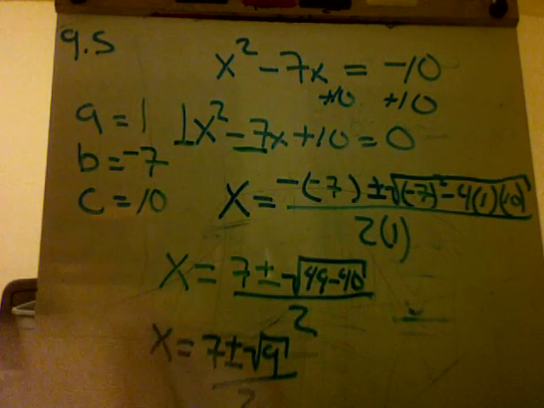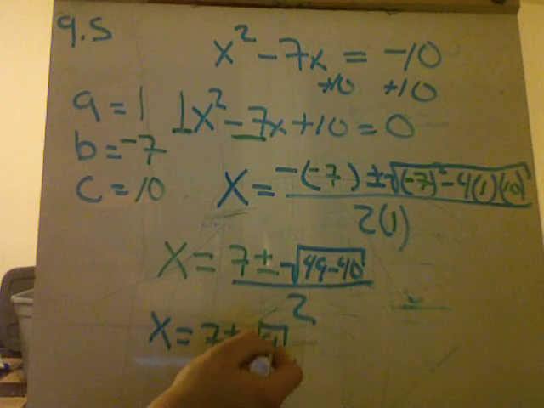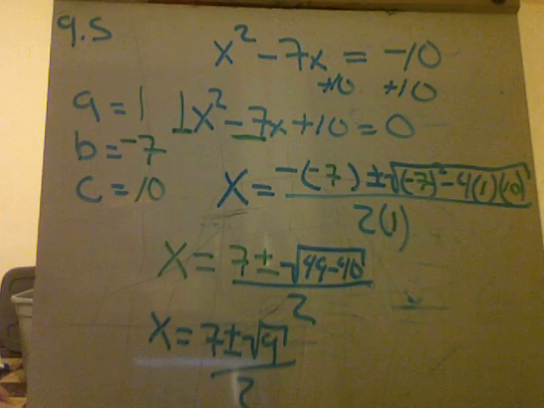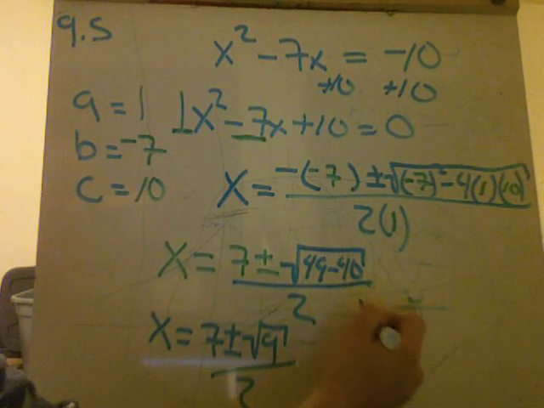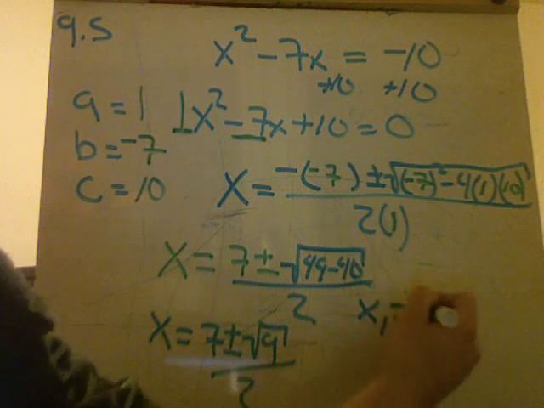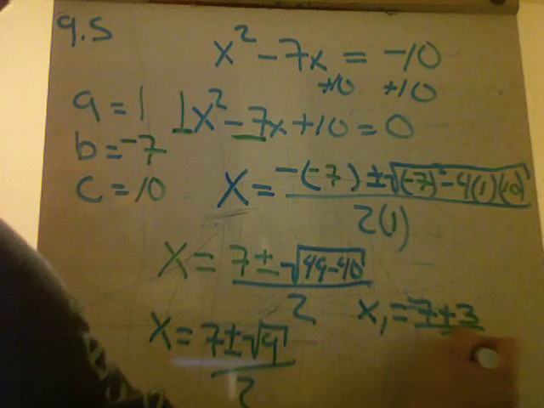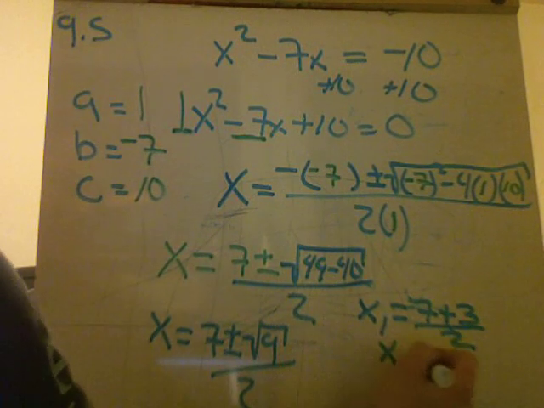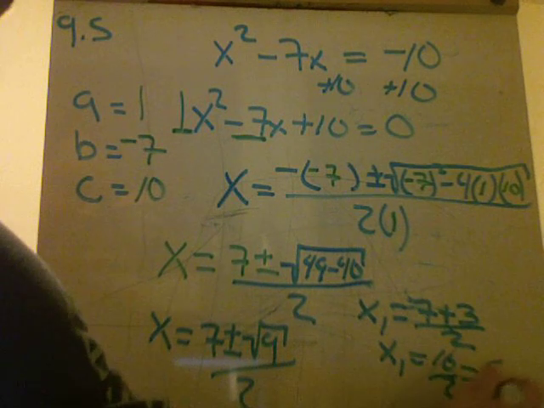That plus or minus there means that there's two possibilities. I could be adding this number, or I could be subtracting that number. What's the square root of 9? Plus or minus 3. So x1 is going to be 7 plus 3, all over 2. That would be 10 divided by 2, which is 5.